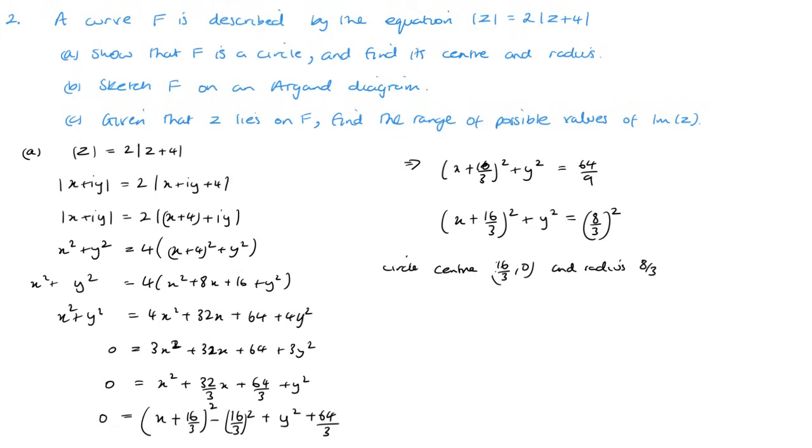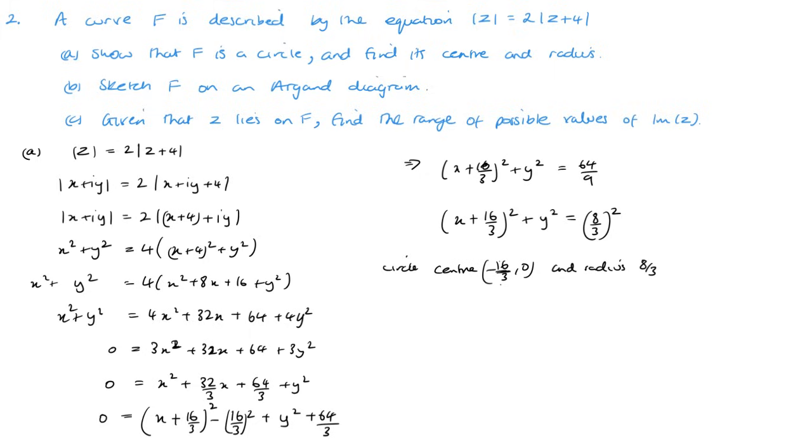So we've got −16/3, 0 as the center. Apologies for that. It's very easy to make simple mistakes in maths, so it's always important you scan through and double check your answers.